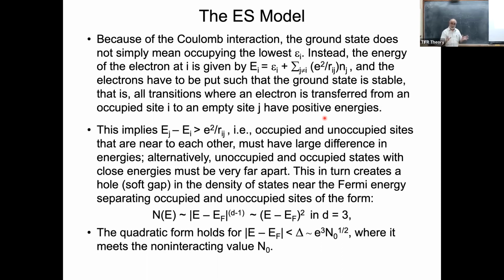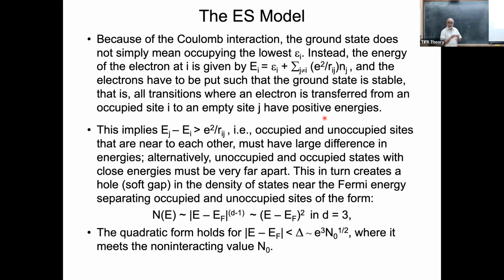If you analyze that process a little bit, you find that it doesn't just say that the unoccupied site must have higher energy than the occupied site, but it must have higher energy by more than the Coulomb repulsion between those two sites. It will take me half an hour to convince you of that, but you can show that this must happen.